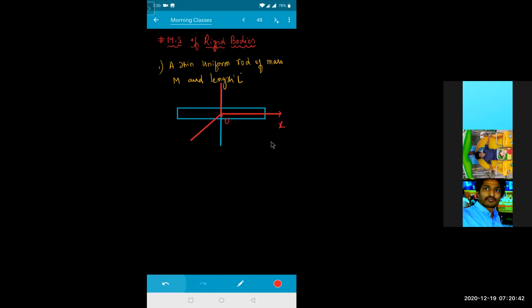So this is your x axis, this is your y axis, and this one is your z axis.